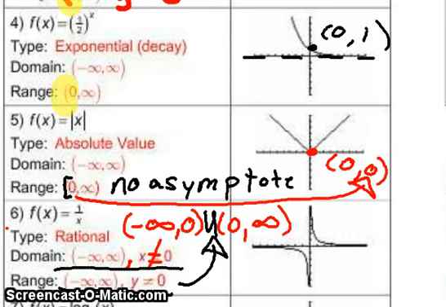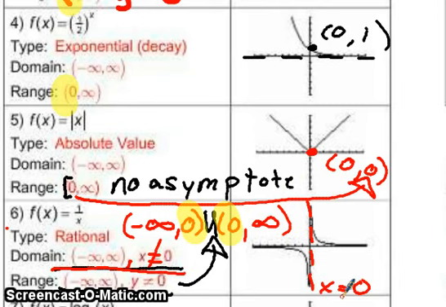Now what we said earlier was that if we see these parentheses like this, that tells us we have asymptotes. The first asymptote is from my domain, so I'm going to be looking at x is 0, because I know that x cannot be 0.